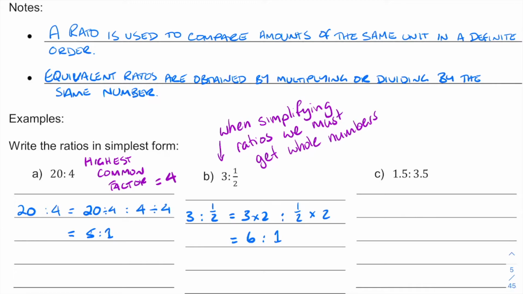Let's look at our final example now. Our final example is that decimal example, very similar to fractions in that we need to do something to make them whole numbers. And again, easiest way to do this is to multiply.